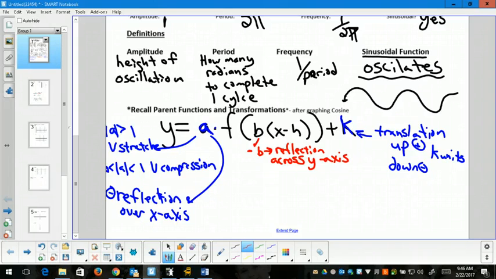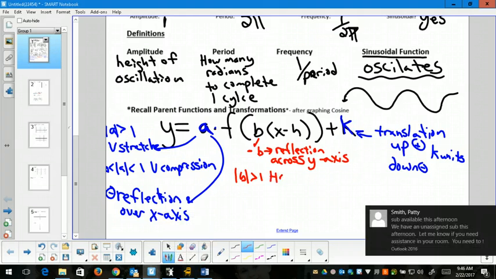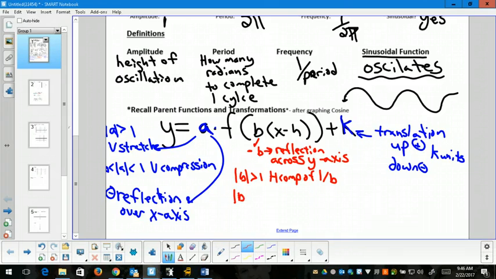If B is greater than 1, then it's a horizontal compression of 1 over B. And if B is less than 1 but greater than 0, then it's a horizontal stretch. It's counterintuitive. You see that fraction and think it's going to be a compression, but it's actually a stretch of the reciprocal value.